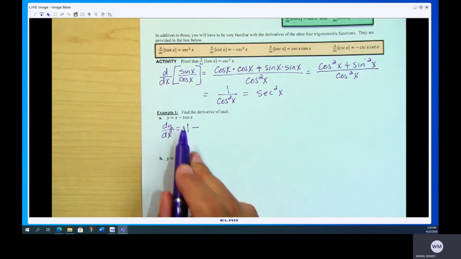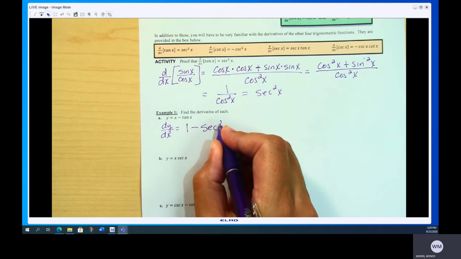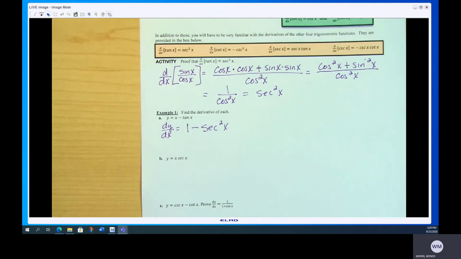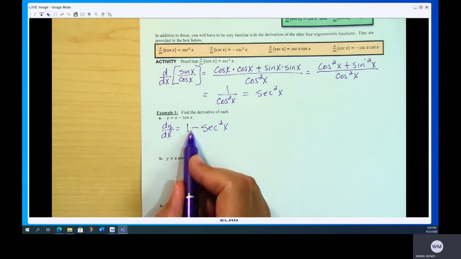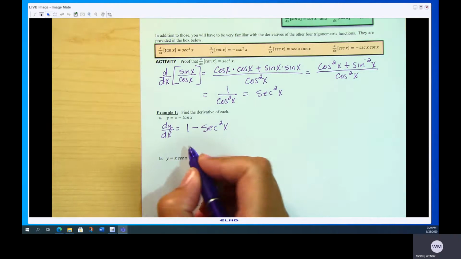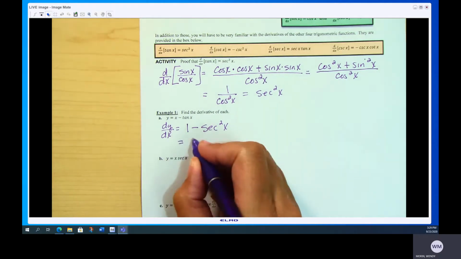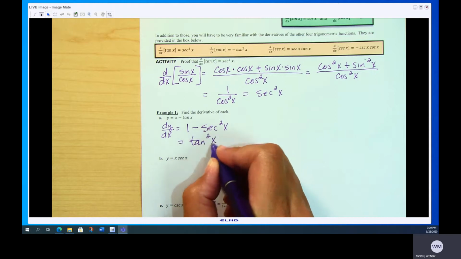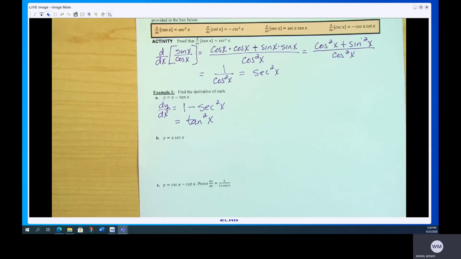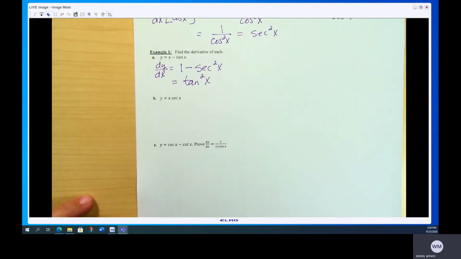The derivative of tan x, that's a new one, secant squared x, and you should recognize 1 minus secant squared x. Which trig identity is that? 1 minus secant squared x equals tangent squared x. So these are multiple choice questions normally on the AP exam, so you'll have to make your answer look like one of theirs.